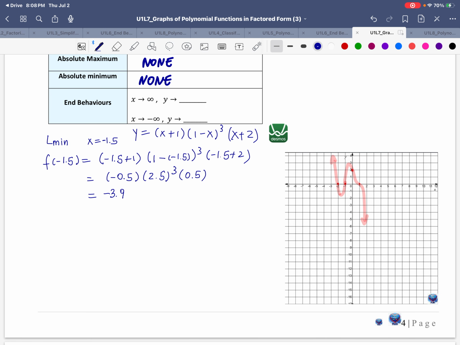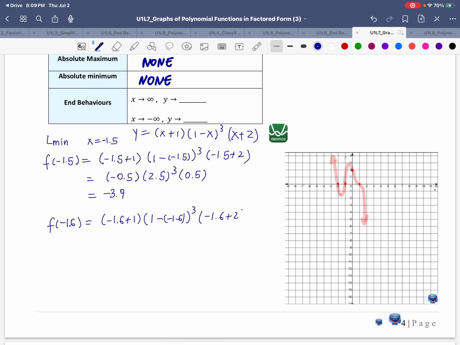So I'm going to try to check and see if the minimum is exactly here, or maybe further to the left or further to the right. But it's definitely not at -2. We'll fix that. So I'm going to check -1.6. At -1.6, we'll have (-1.6 plus 1)(1 minus -1.6)^3 (-1.6 plus 2).